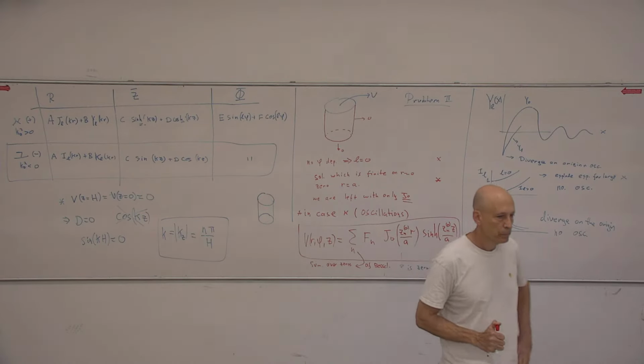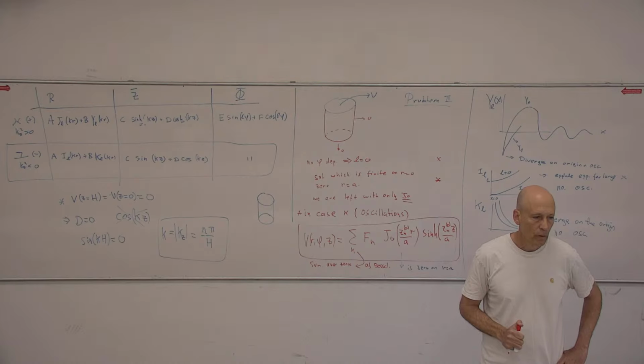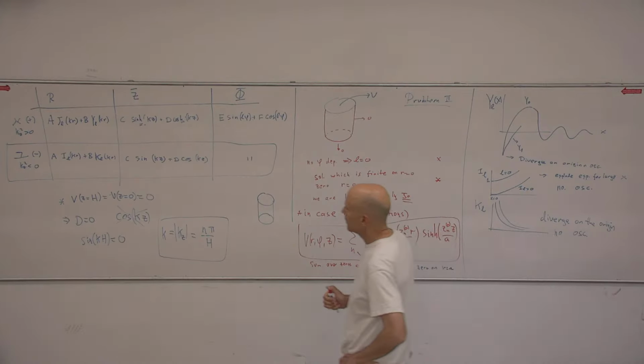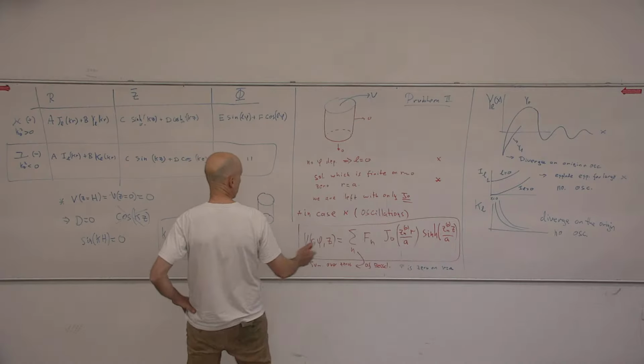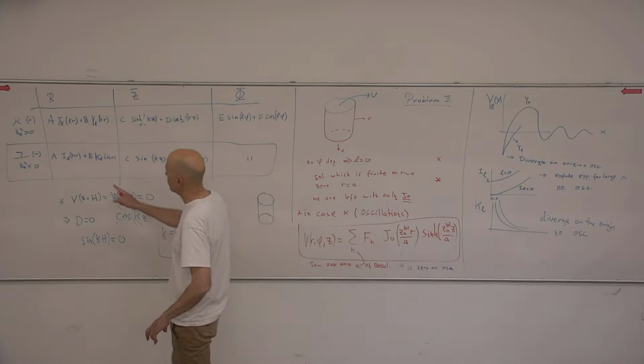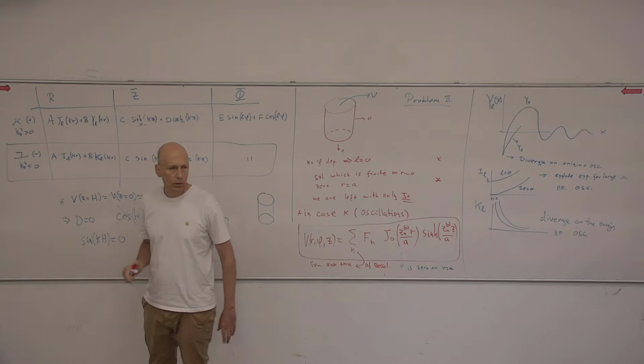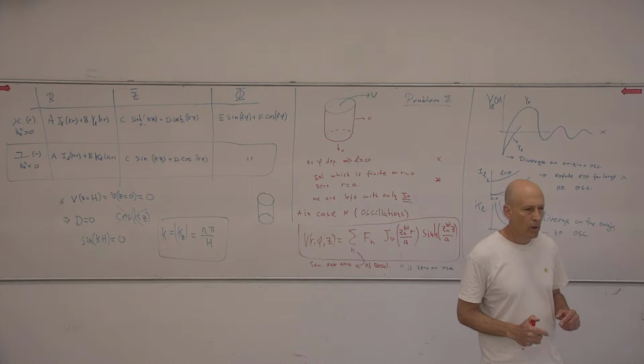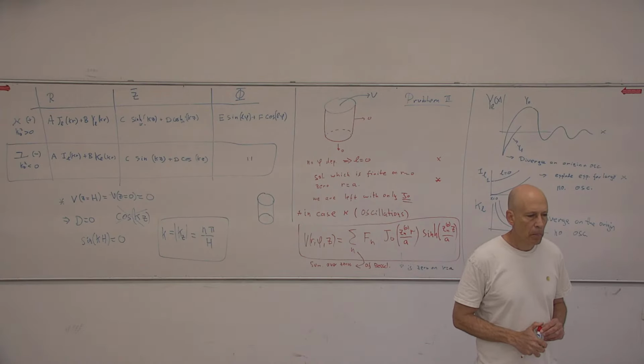Yes. The weight function of the modified Bessel function is also R? You mean the orthogonality relations? No, when you project the modified Bessel function, you have the non-modified Bessel function.